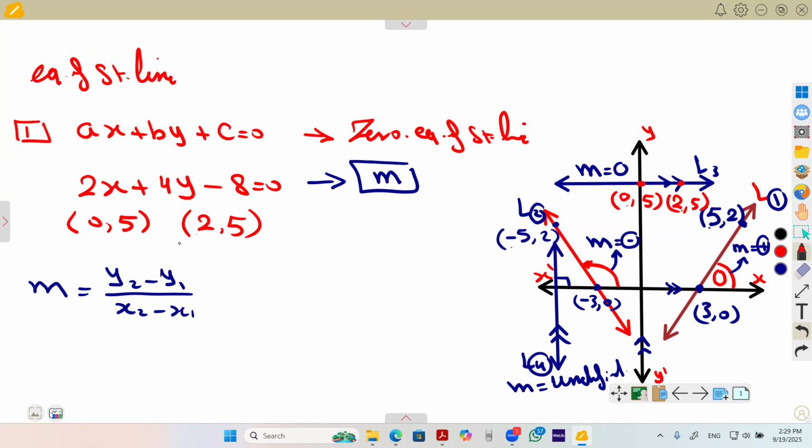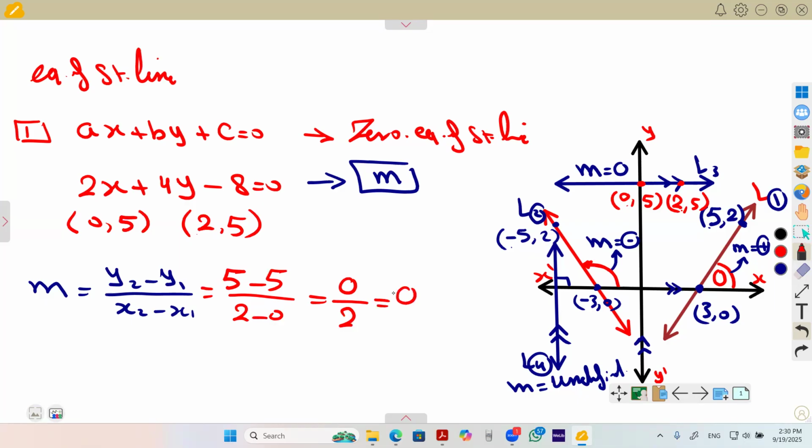Same thing: 5 minus 5 over 2 minus 0. 5 minus 5 is 0, so it's 0 over 2, and 0 over any number is what?